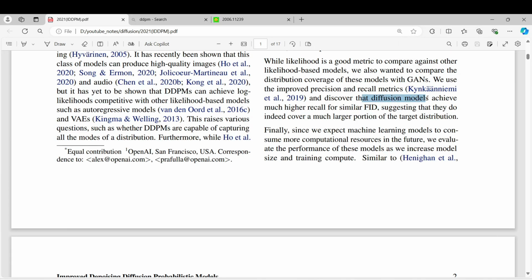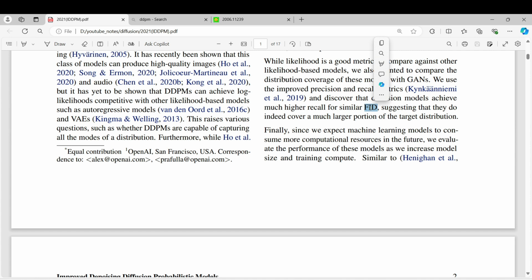So they discover that diffusion models achieve much higher recall for similar FID. Recall is responsible for how it covers the overall, entire distribution.